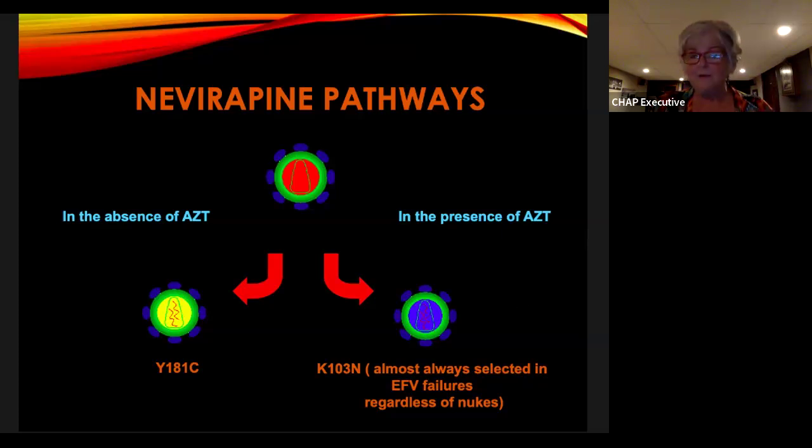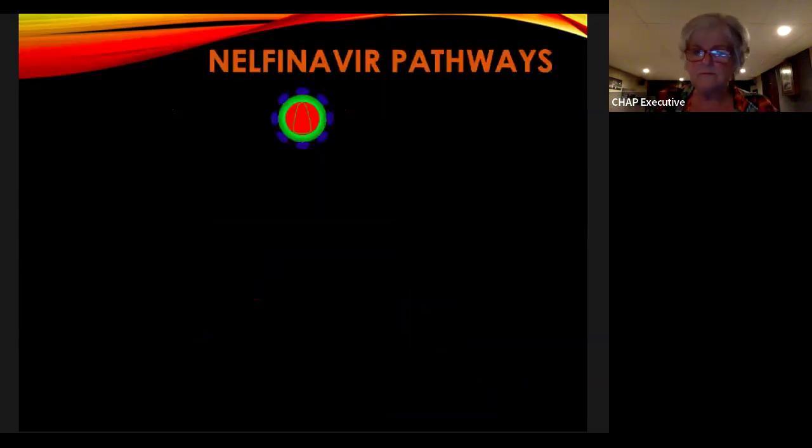Why does that matter? Because K103N almost always is selected in efavirenz, another non-nucleoside failure, regardless of the nukes. And the K103N will cause resistance to all of the first generation non-nucleoside reverse transcriptase inhibitors. So it's an important mutation to understand, to put in if your person was on nevirapine, say with Combivir, and failed, and you don't know the resistance.